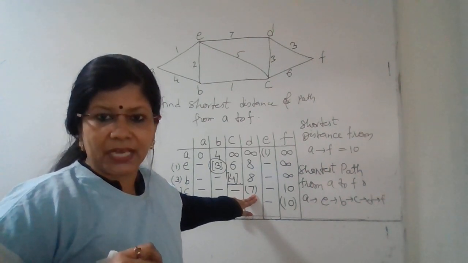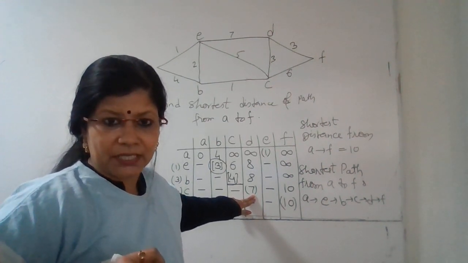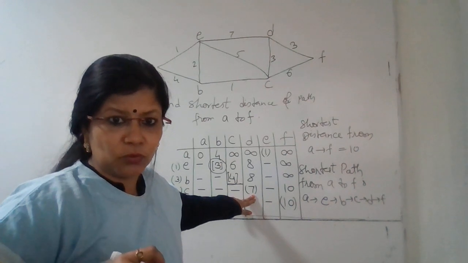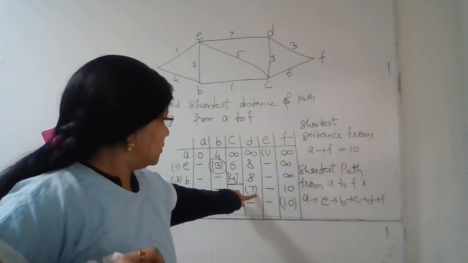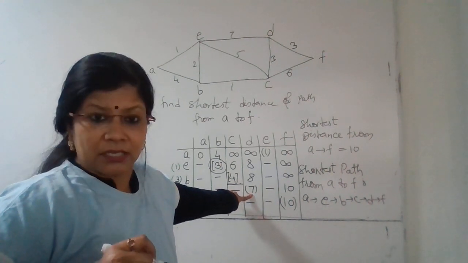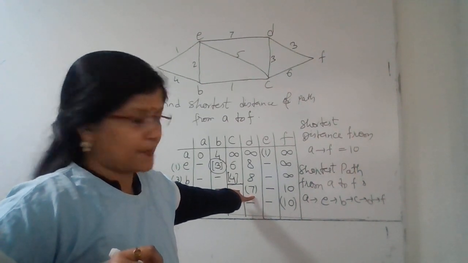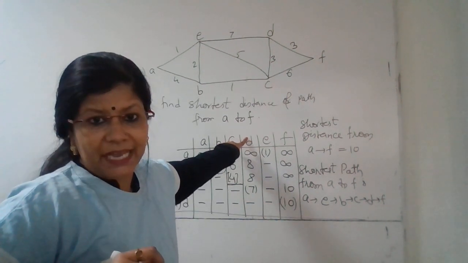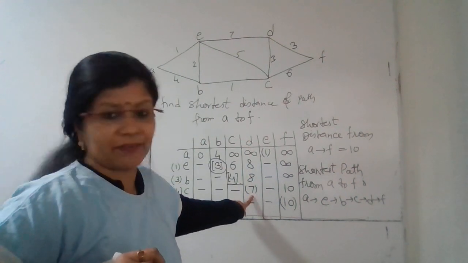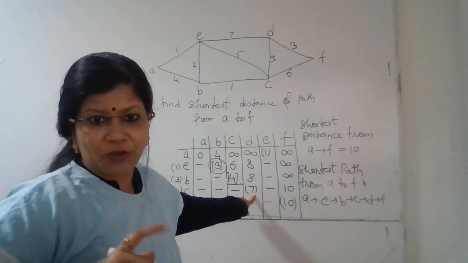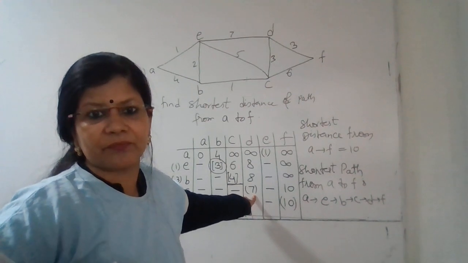That means if we have a question to find the minimum distance from A to D, then we can stop the process at that point, because D has the minimum value of 7. So the distance from A to D is 7.